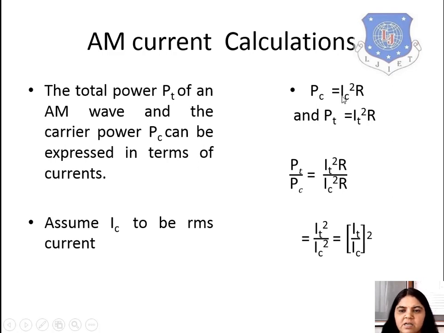So PC is equal to IC square R and PT is equal to IT square R. So PT upon PC is equal to IT square R upon IC square R. Now R is cancelled, so it is IT upon IC whole square.